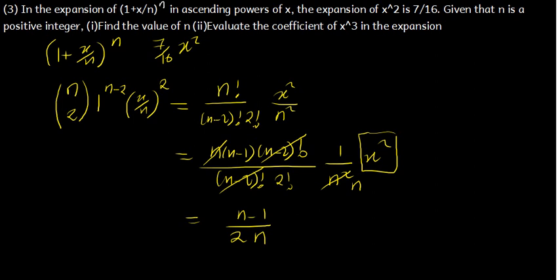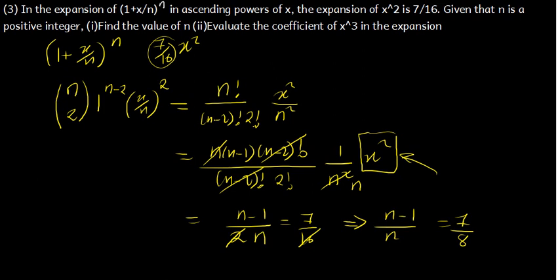This is the coefficient of x squared, and we know it's supposed to be equal to 7 over 16. And here 2 can go into 2, 2 can go into 16. So we're going to have n minus 1 divided by n is equal to 7 over 8.